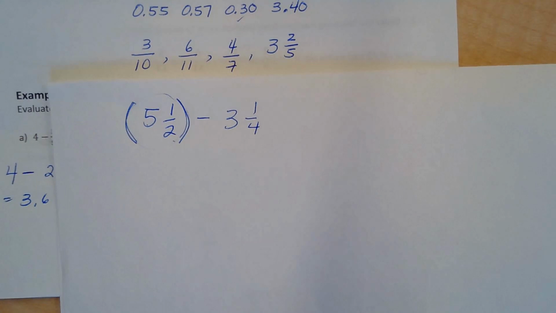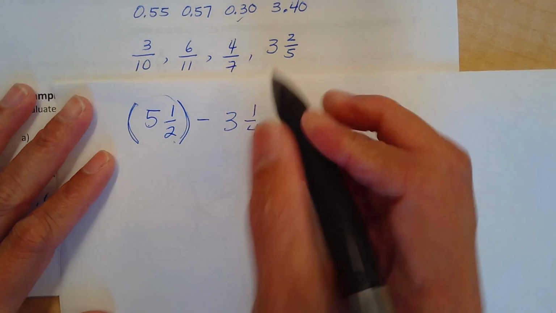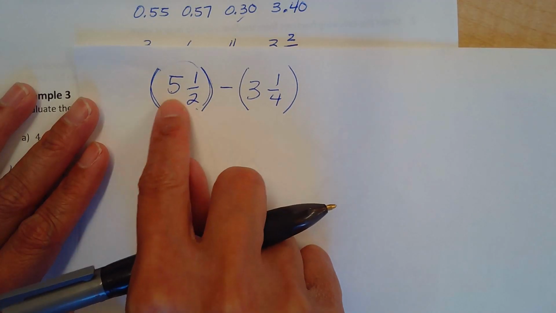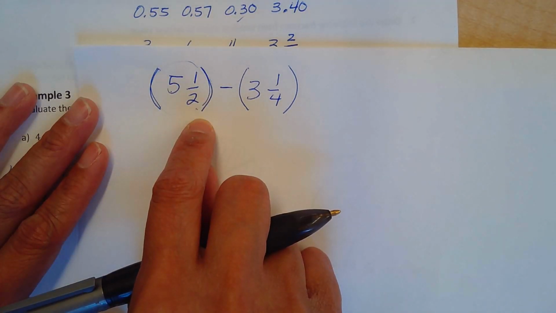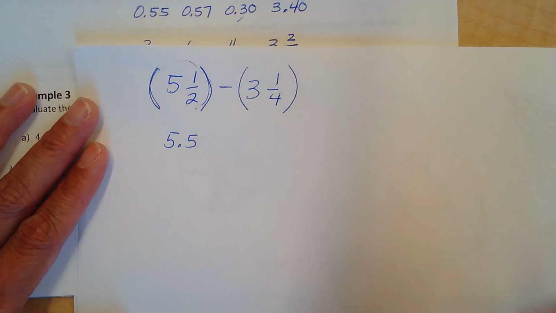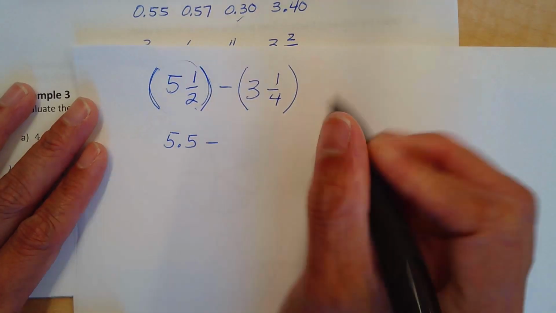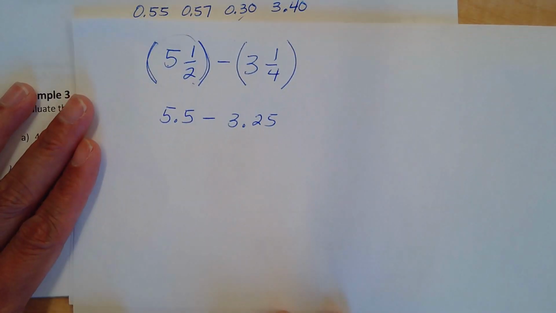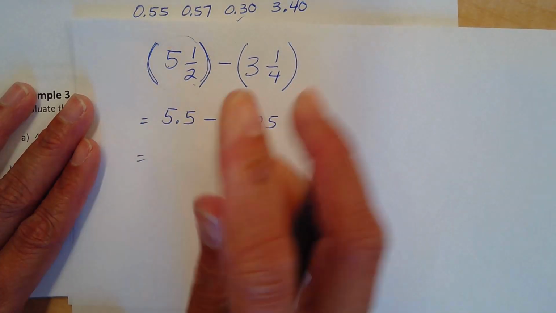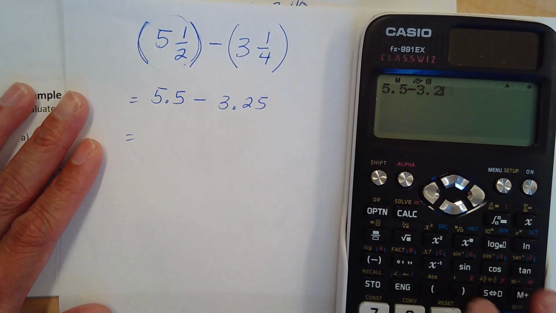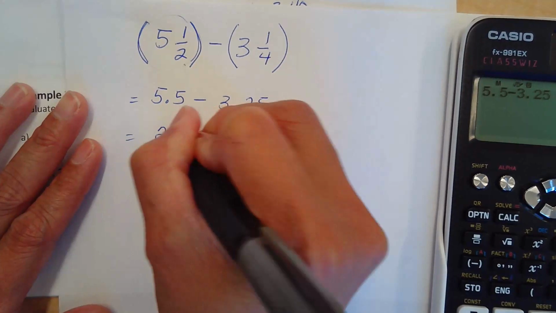So we put this in the brackets because they're a mixed fraction, they're together, right? And this one here is a mixed fraction and they're together. 5 and a half is 5.5, correct? And then minus 3 and a quarter is 3.25, yes? So once you have that, you go 5.5 minus 3.25. So you're going to get 2.25.